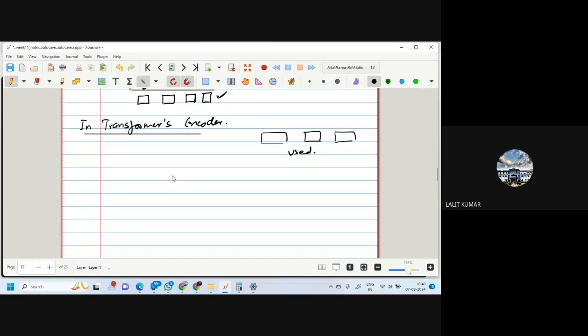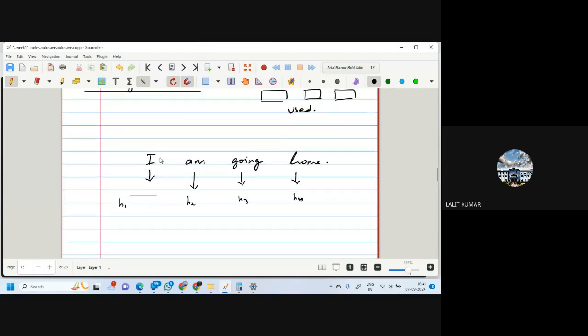And what do we do? For example, I have a sentence: I am going home. So the word embeddings for I are used. So this becomes H1, the embedding for am is H2, this is H3, and this is H4.